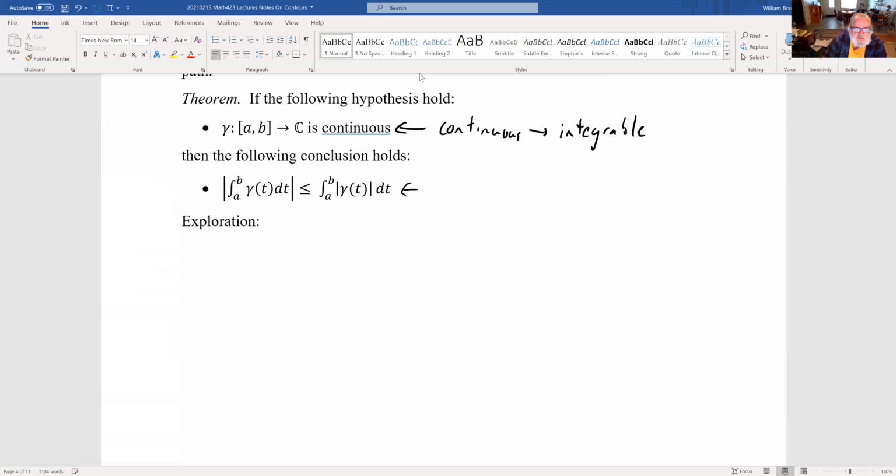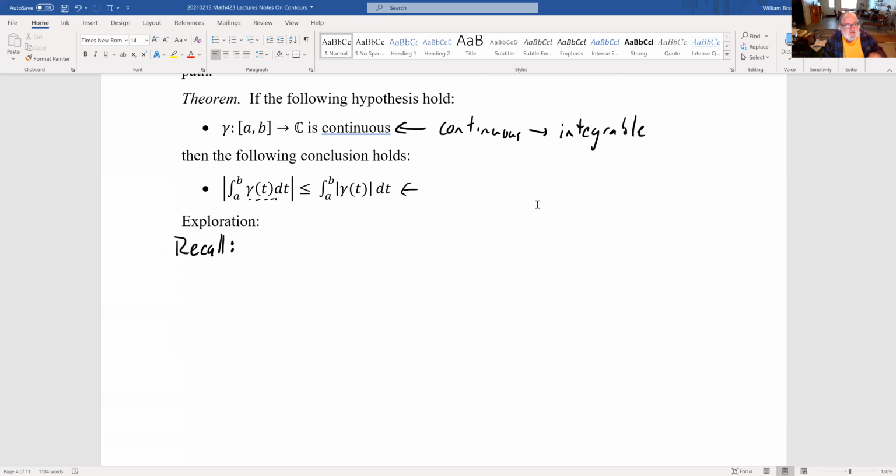So how do we go about understanding theorems? Well, explore it a little bit, see what it looks like. And as for many things in this section, they're going to look like theorems from calculus. Because after all, this is an integral of a real valued function, right?